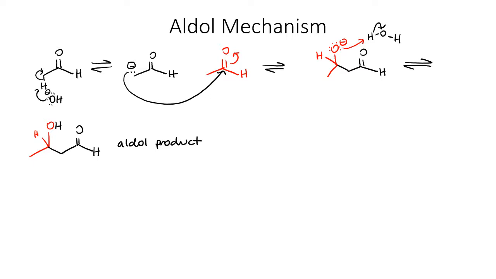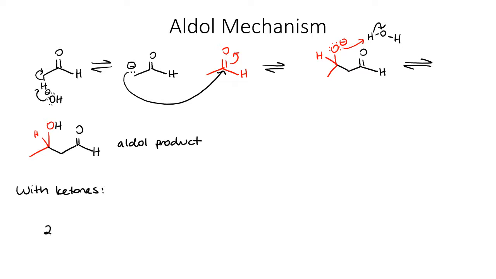Now, this mechanism is showing the aldol reaction with aldehydes. With ketones, because they are more sterically hindered, forming the aldol product is actually not favorable in terms of the equilibrium.